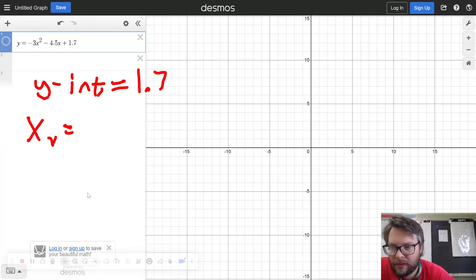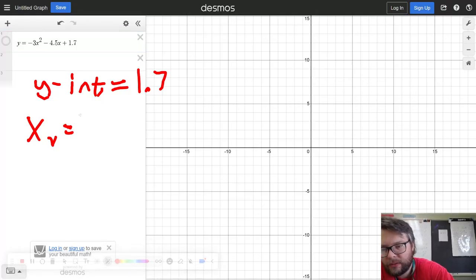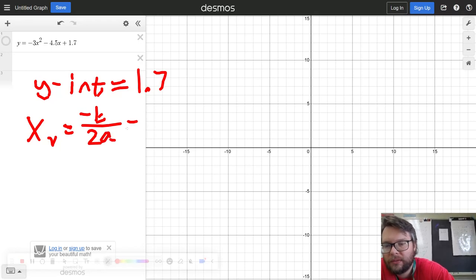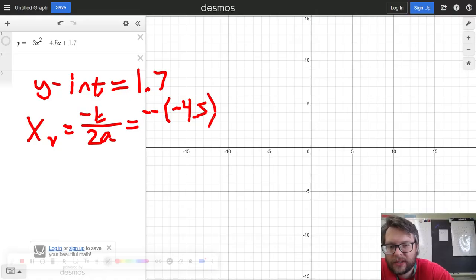Okay, so I made the b value negative now. So if I'm looking at negative b over 2a, just please watch this. This part is sort of a pet peeve of mine. Negative b means negative b. I grabbed b exactly as it looked in the problem, and I put it into the parentheses. So negative 4.5 is in the parentheses.